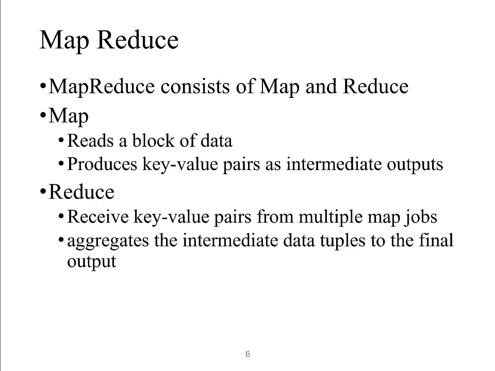These outputs will be the input of the reduce part, or the reducer. The reducer receives key-value pairs from multiple map jobs, and it aggregates the intermediate data tuples into the final output.